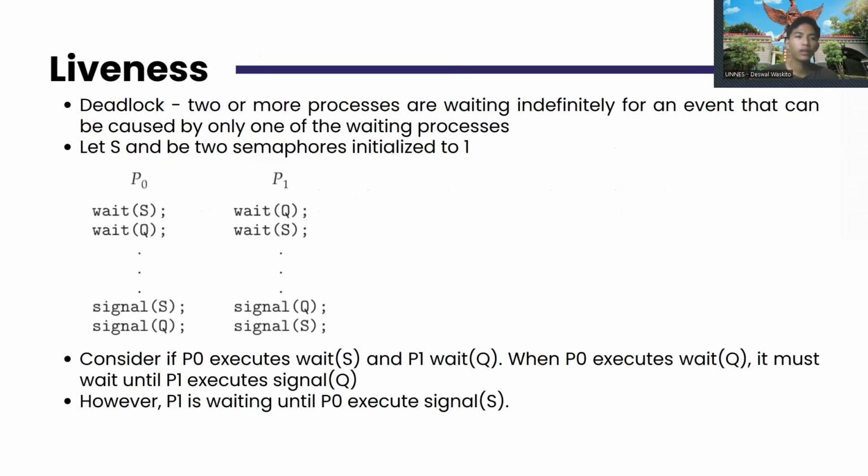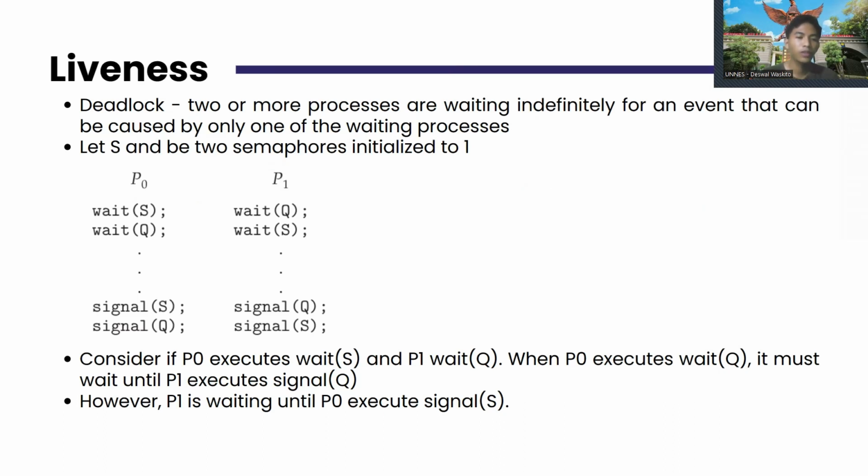Okay, and then liveness, deadlock. Two or more processes are waiting indefinitely for an event that can be caused by only one of the waiting processes. Let S and Q be two semaphores initialized to 1.